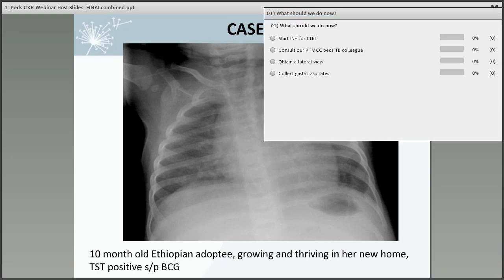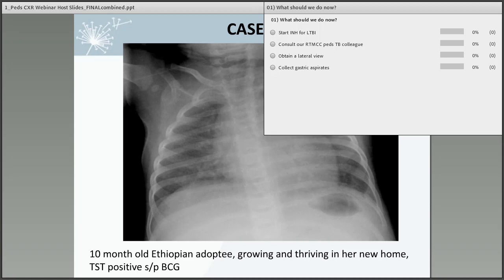So go ahead and look at the possibilities for what should we do now. This is the information you have. While you're voting, I will tell you that she had a white blood count of 16.4. She did not have a left shift. She did not have inflammatory markers obtained. And I'll tell you that really when I'm evaluating a TB suspect, and TB is kind of the only question, TB or not, I don't obtain any labs except an HIV serology.